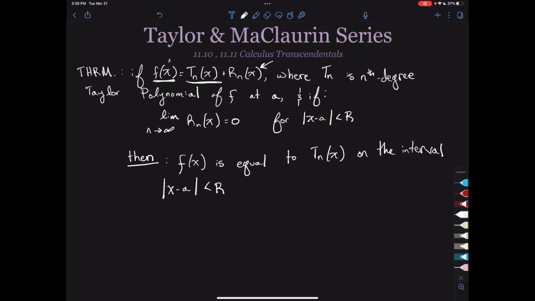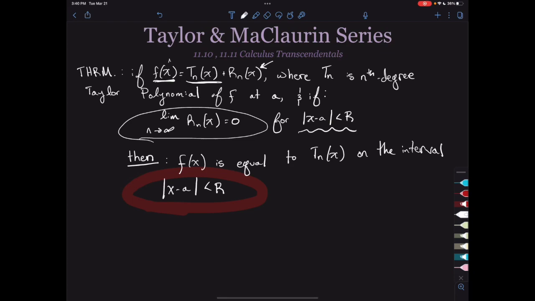And we're saying that on an interval, if the limit of the remainder as n approaches infinity is equal to 0 on that interval, then, assuming that Tn is the nth degree Taylor polynomial of the function at a, the function itself is going to be equal to Tn of x on that interval.